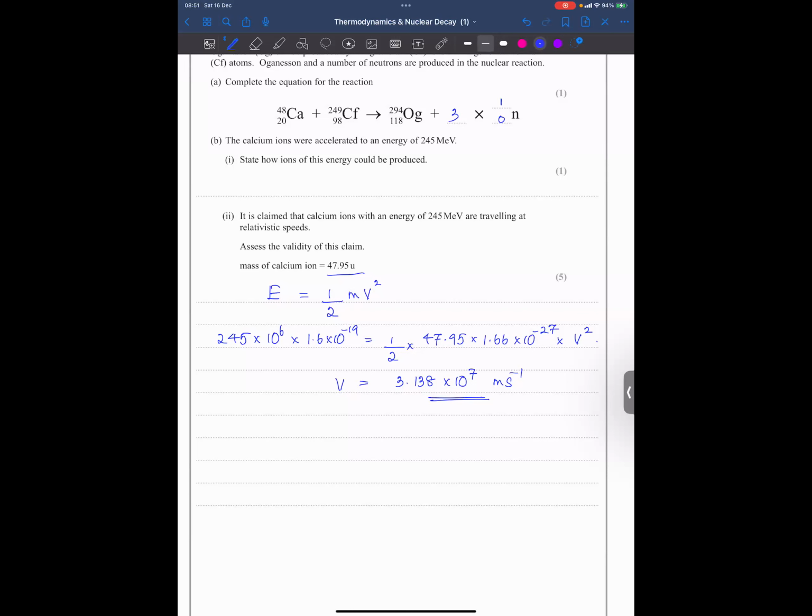So you can write a statement: the speed is just more than 10% of the speed of light. So it is not moving at relativistic speed, or I can't remember exactly what it is, maybe 20% of something. Up to here you have done, no? So that part really doesn't matter whether it is relativistic or not.